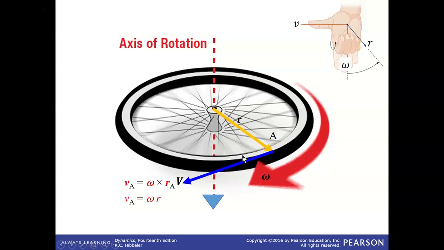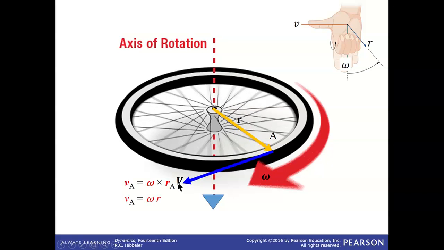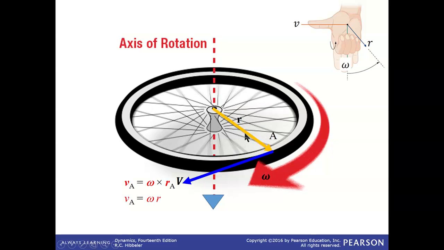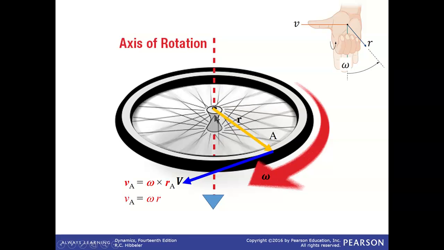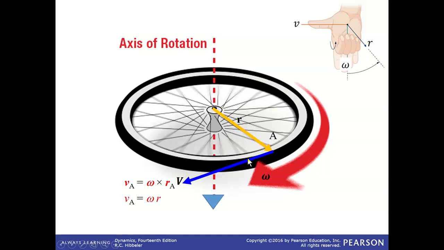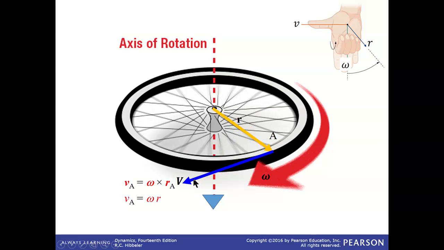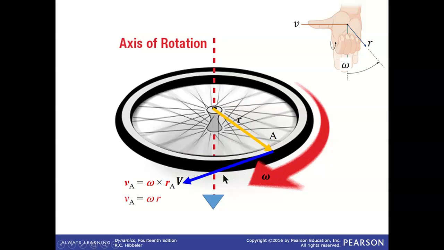The magnitude and direction of velocity v in this situation can be obtained using the right hand rule. The velocity vector is always perpendicular to the position vector that is drawn from the center of rotation, and it points towards the direction of rotation. So this is position vector r, velocity v is perpendicular to r, so this angle is always 90 degrees, and it points in the direction of rotation.